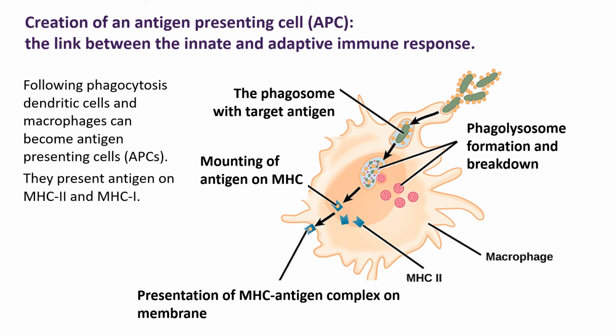They present the antigen on either MHC2 or MHC1. This is our little flag of whatever they've phagocytosed, a few amino acids, mounted on our flagpole, our MHC2 or our MHC1. Remember, immune cells have both, whereas all the rest of the cells, the normal non-leukocytes, have MHC1.